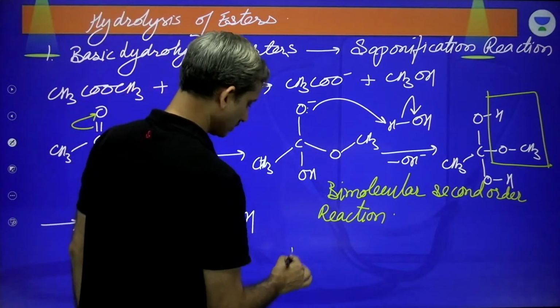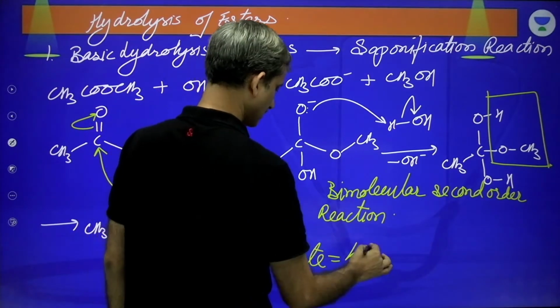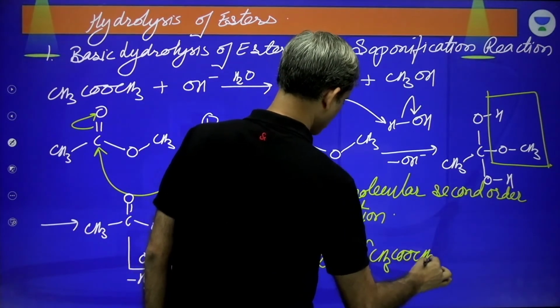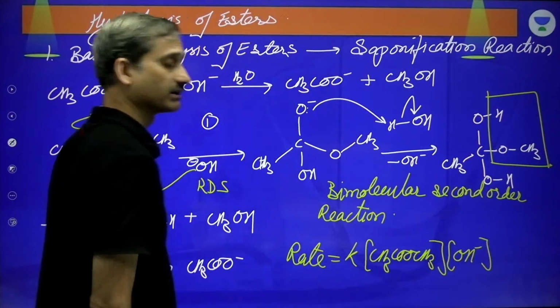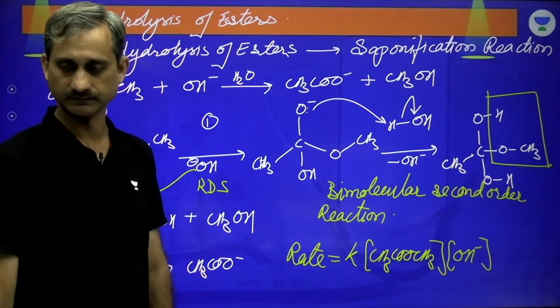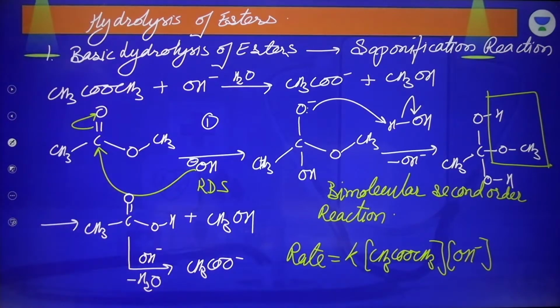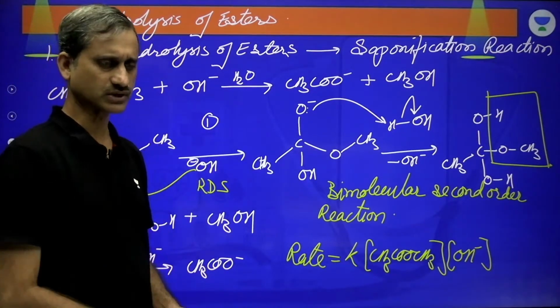Now if I talk about the rate of this reaction, the rate is going to be K, the rate constant, multiplied by the concentration of CH3COOCH3 into the concentration of OH minus. So that is the rate equation for the hydrolysis of ester in the basic medium. Yes, Radhika, I told you, the first step is RDS. I have written it. Anyone has confusion here?